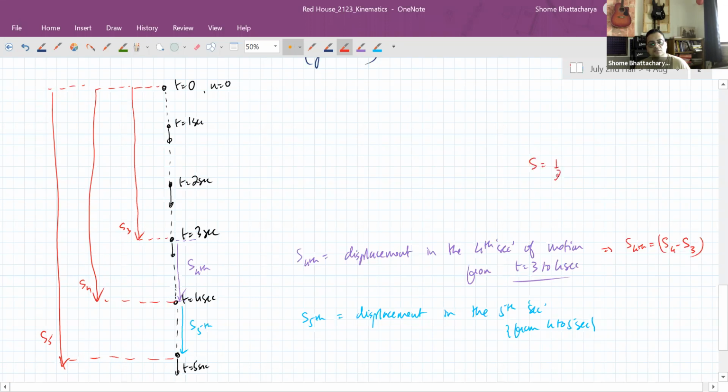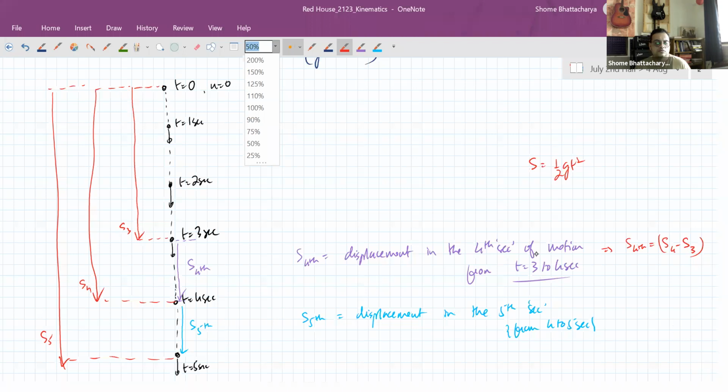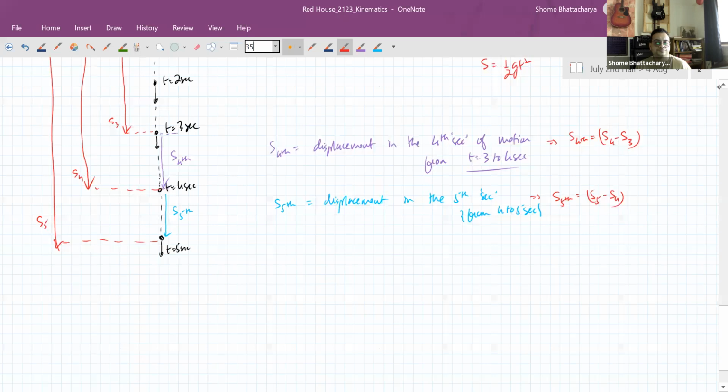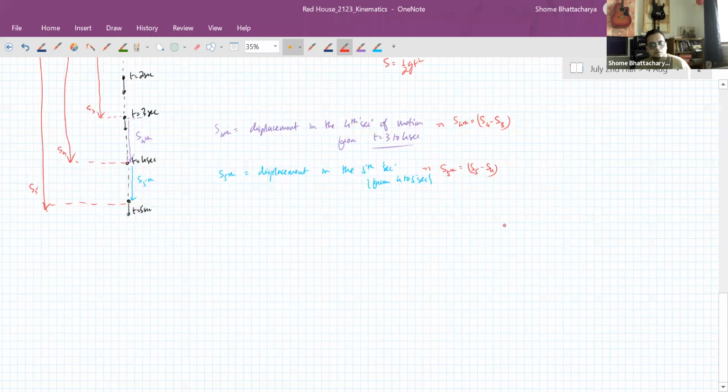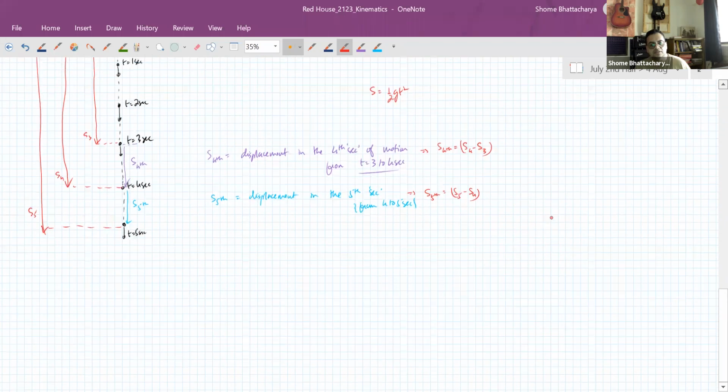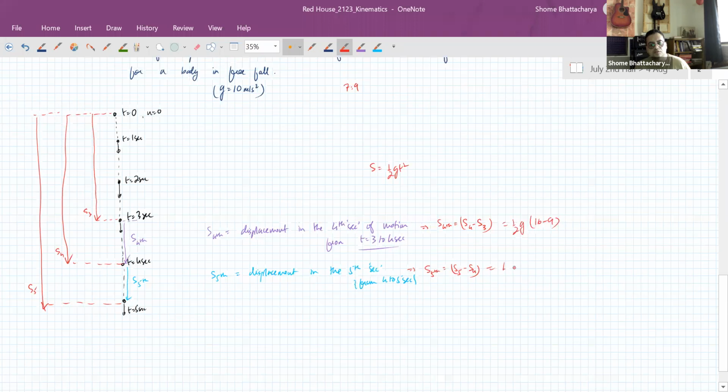Now displacement is half g t square. So next step, this is going to work out to something quite simple. This is half g into 16 minus 9. This is half g into 25 minus 16.